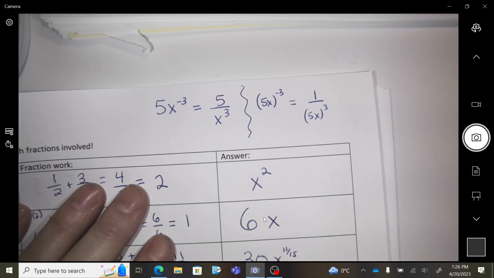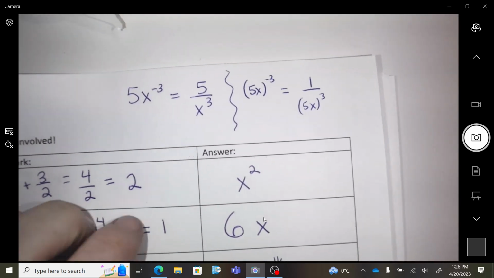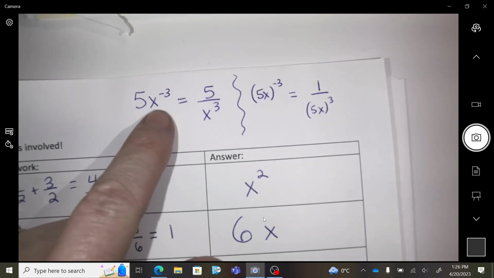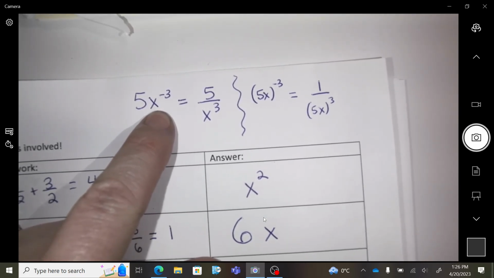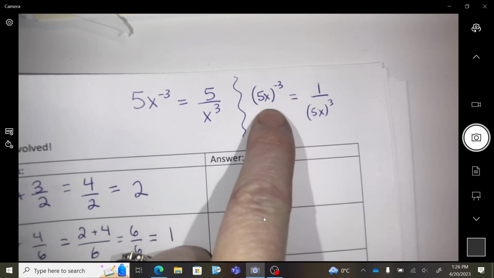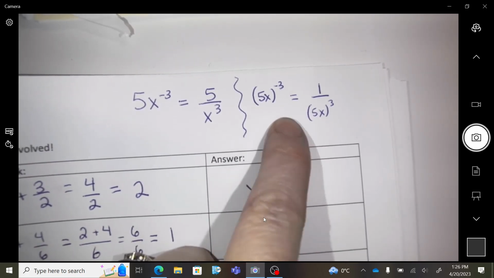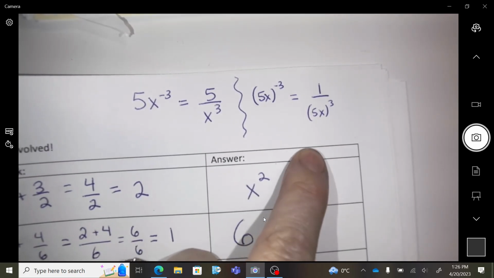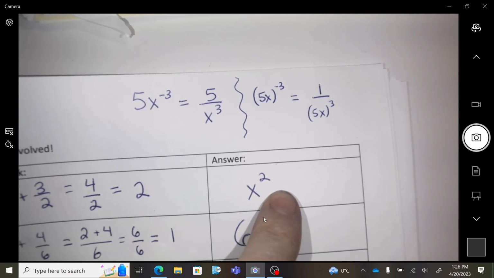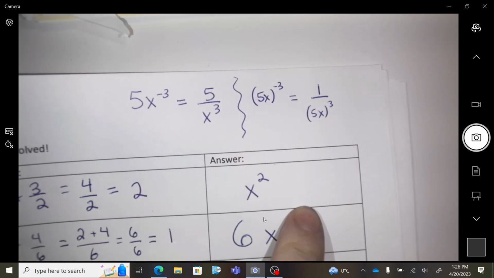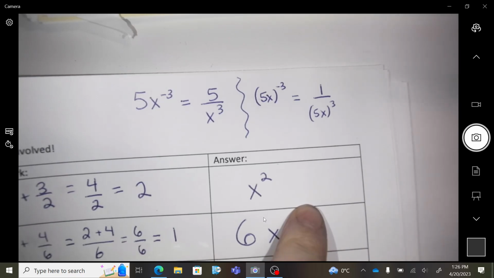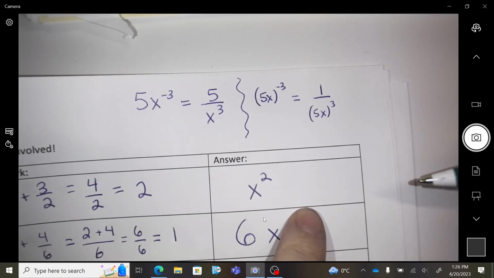Do you see the difference in my math there? This, the exponent is only on the x, so I just moved the x part. This, the exponent is on the unit 5x, so I moved the whole thing. Okay, so that's a good foundation to understand there, because understanding numbers, this is what it's all about. What are they doing?